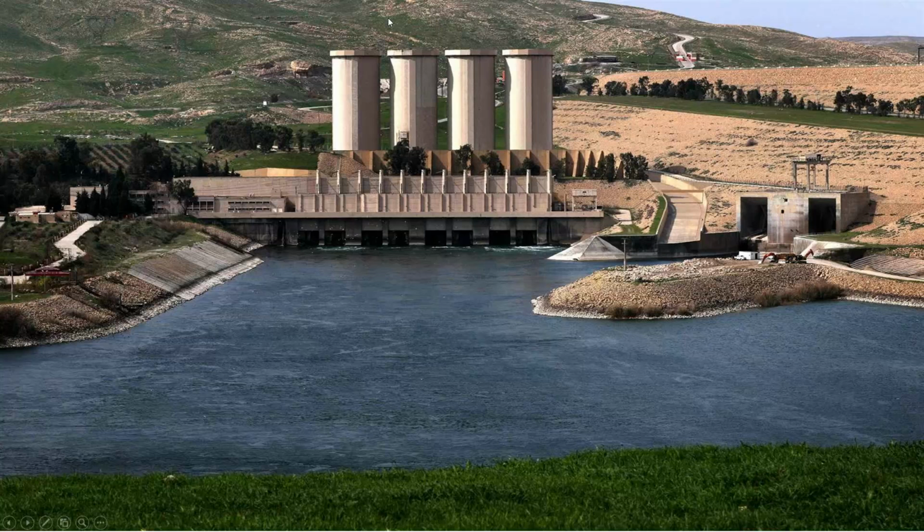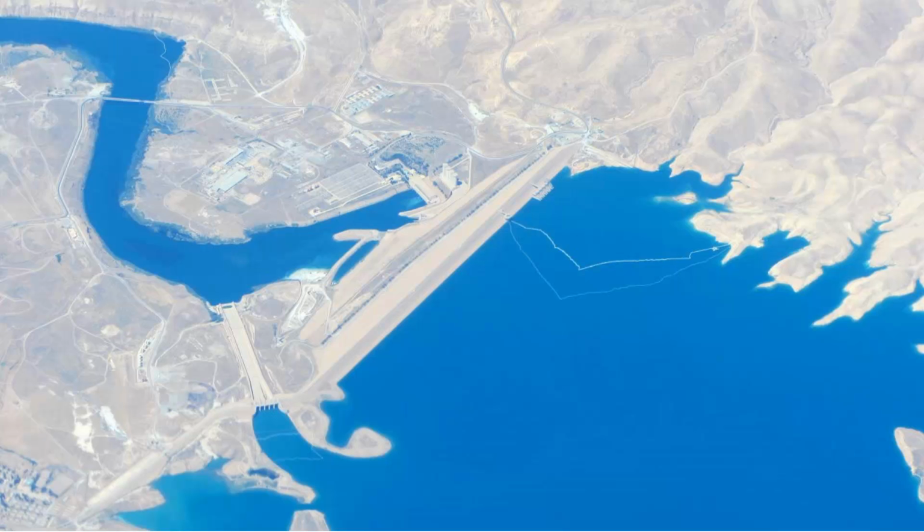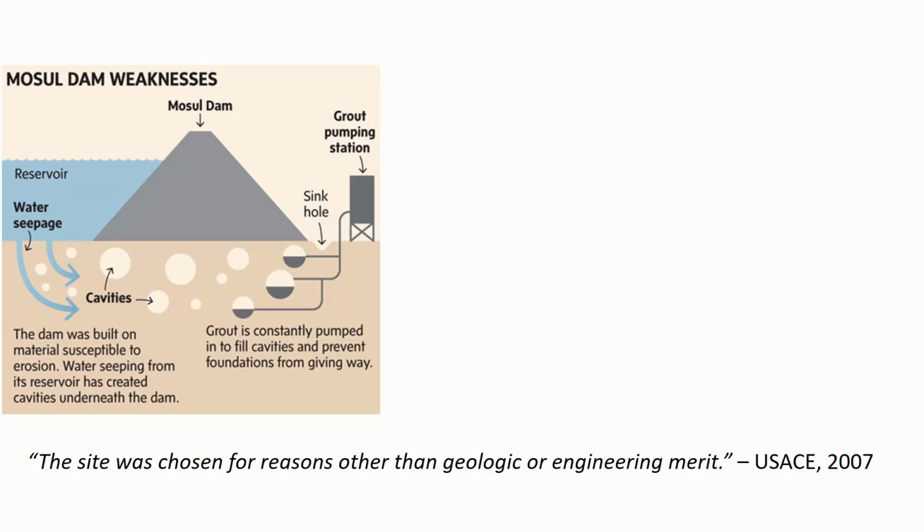It allowed for lots of agriculture that previously hadn't been possible. You can see it looks pretty green in the vicinity of the dam here. I think this photo was probably taken during the winter or the spring because this is what it looks like during the summer. It's a little bit more bleak, scorched earth, but a really long earthen dam that, as the Army Corps of Engineers put it, was sited for reasons other than geologic or engineering merit, which is kind of the understatement of the century. It was built on a terrible location where the foundation is soluble.